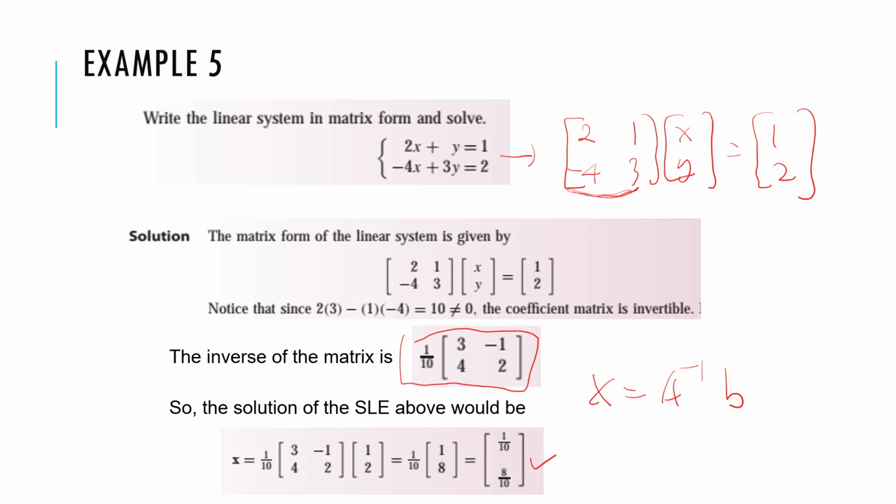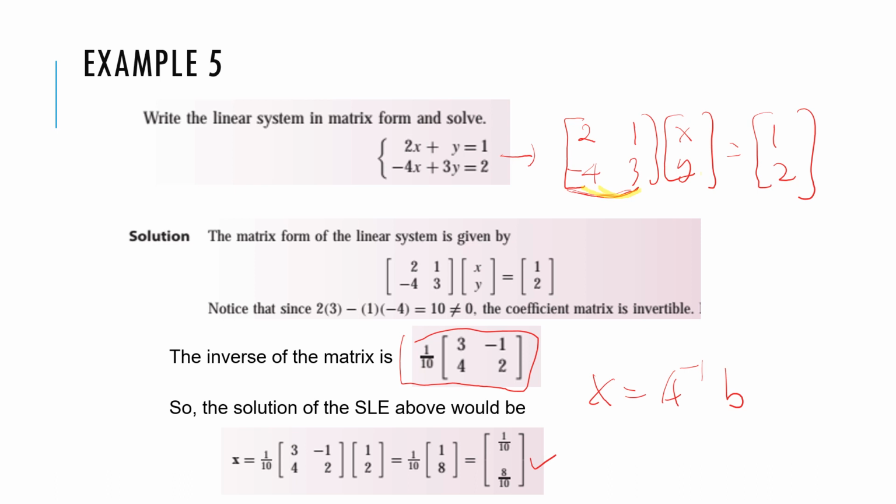From here we have to check whether this coefficient matrix is invertible or not by checking the determinant. We can see the determinant of this is 10, which is not equal to 0, and it means this coefficient matrix is invertible, it has an inverse.